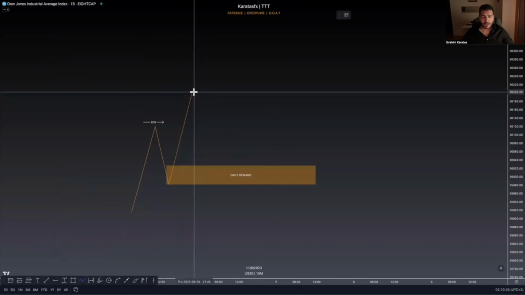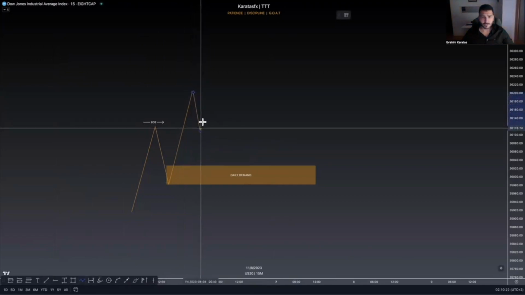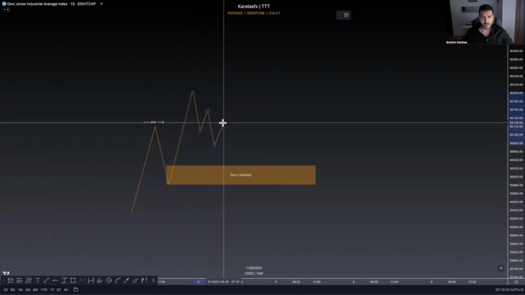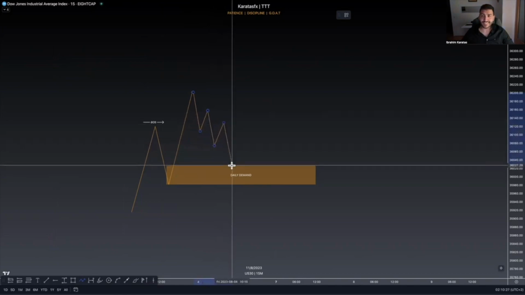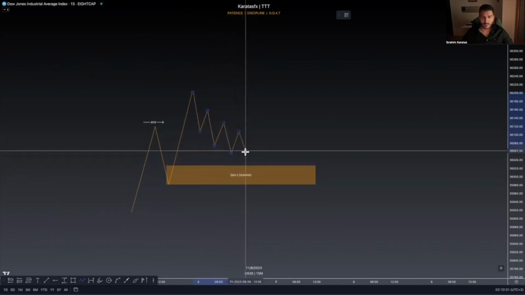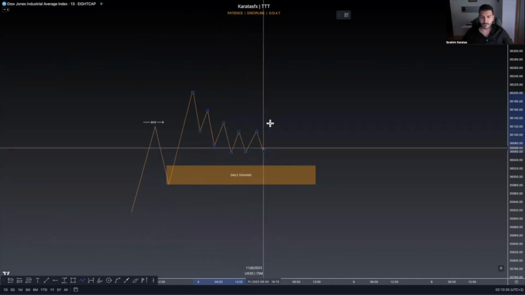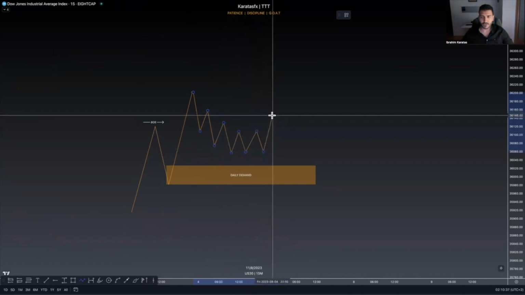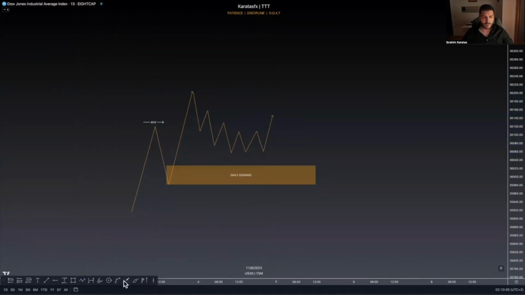So we move back to the 1 hour, okay? Price didn't hit my daily demand yet and starts to give us a triple bottom and then a break of structure on the 1 hour.